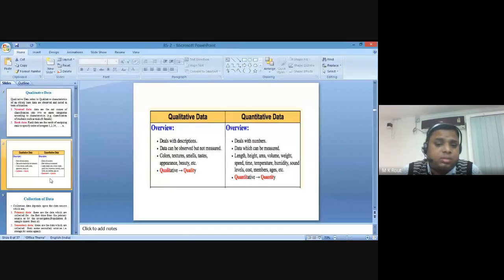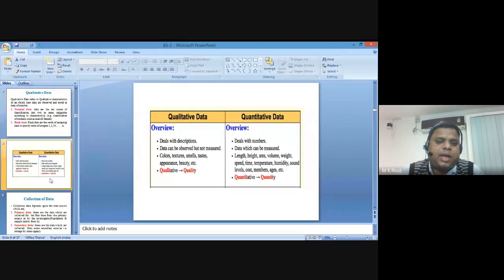The basic observations for qualitative data are color, texture, smell, taste, appearance, beauty, etc. But in case of quantitative data, you can directly measure the length, height, area, volume, weight, speed, time, temperature, humidity, sound levels, cost, members, age, etc.